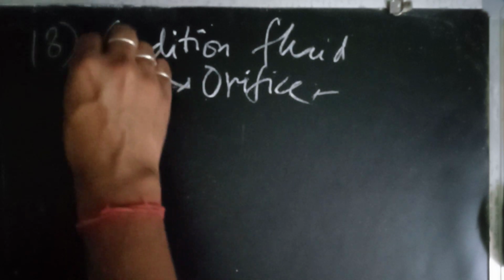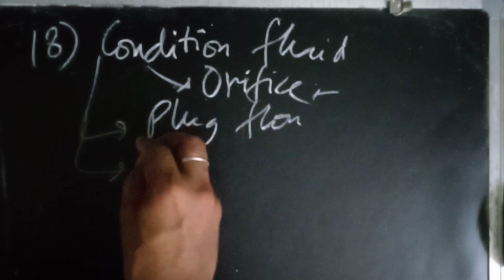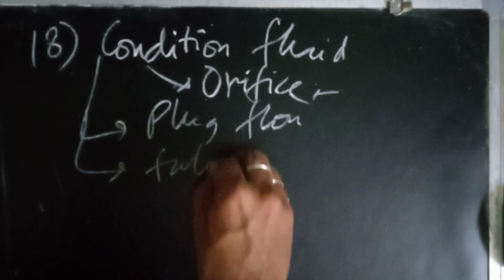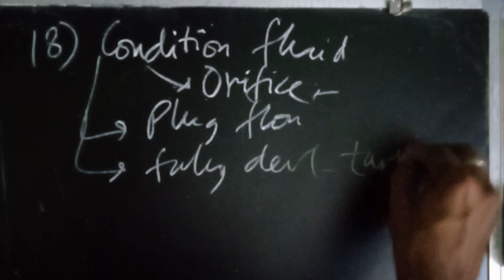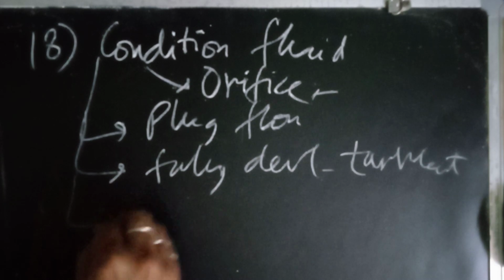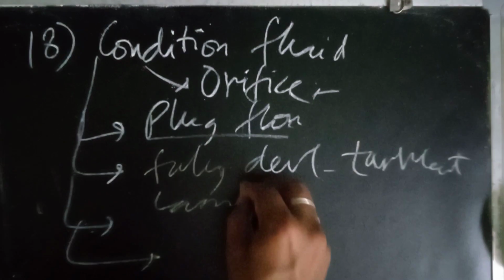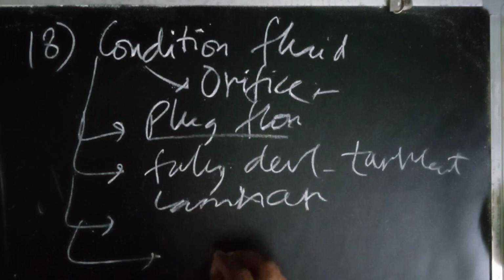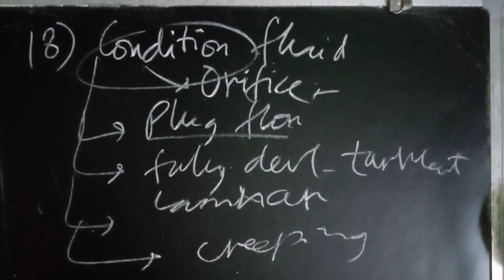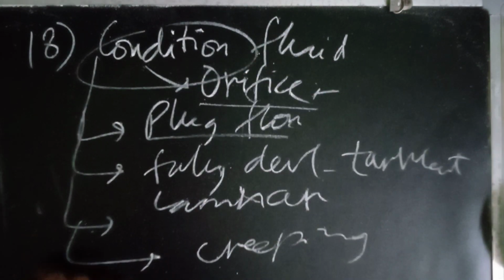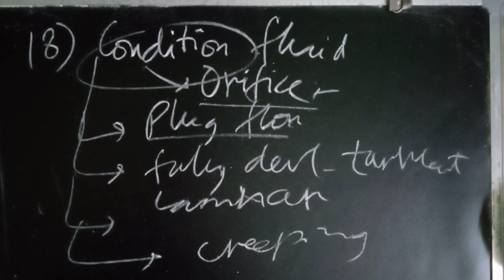And these options were given: plug flow, fully developed turbulent flow, laminar flow, and one was creeping flow. Which condition is required for the orifice meter to work in a better way?